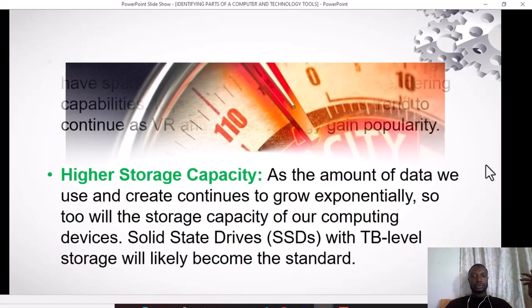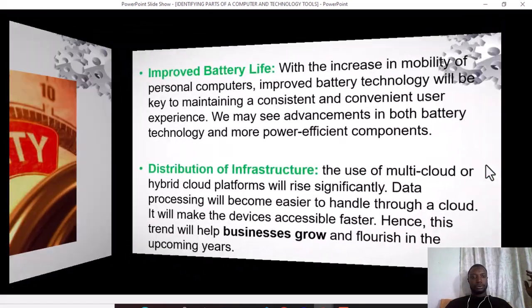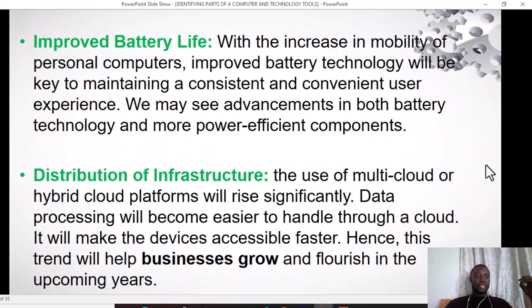Okay, so let's take advanced battery life. As the processing of information on these devices increases, the battery life must also increase in order to match the capacity. Because if you use a very low battery to process very high amounts of data or information, just imagine how long the battery will last.